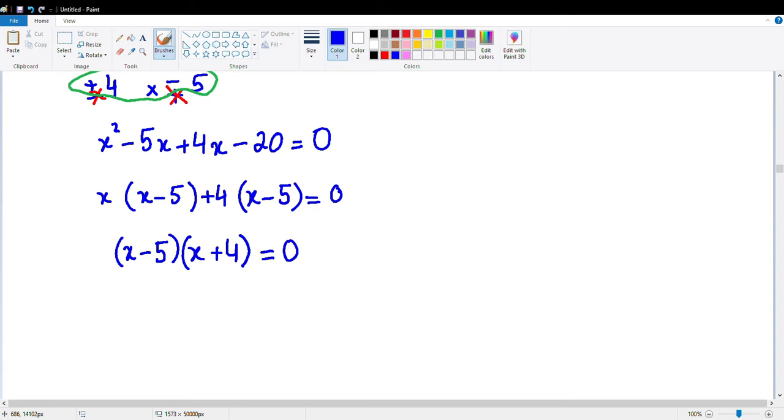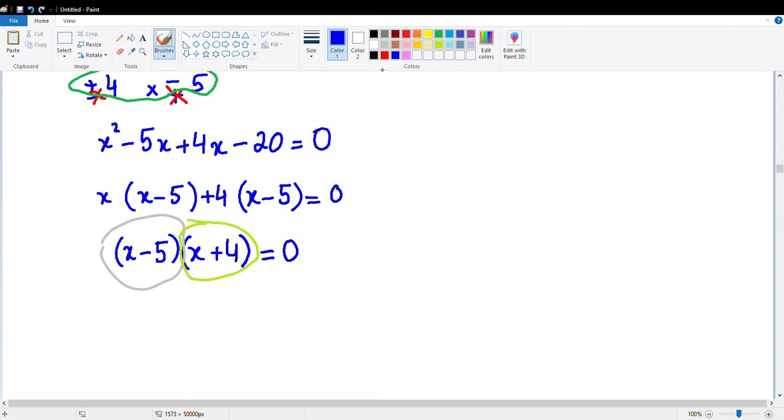It's basically the equation x squared minus x minus 20, because we just factorized it. So these two, x minus 5 and x plus 4, are both factors of the above equation.